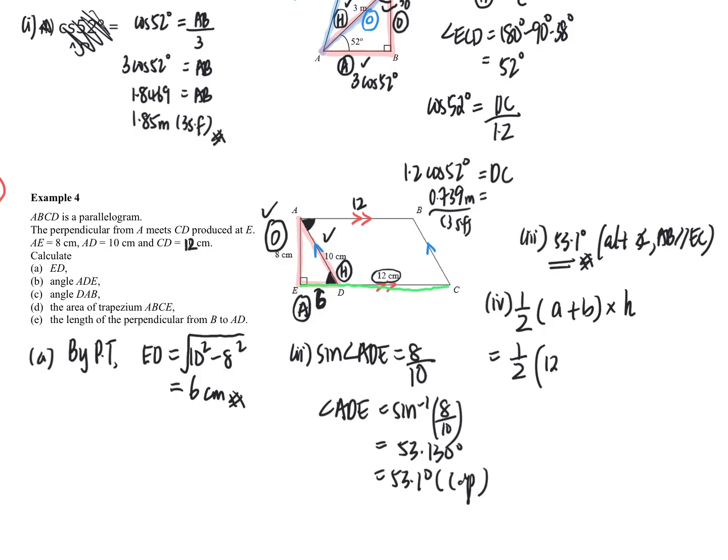So, 12 plus the bottom base, which is 6 plus 12, so 18, times the perpendicular height between the two parallel lines, which is 8. So don't choose the wrong one. In Sec 2, some of you may choose the 10. So that is not the parallel side. Must be the one perpendicular to the two parallel sides. So final answer? 120 cm square. So that's the trapezium.